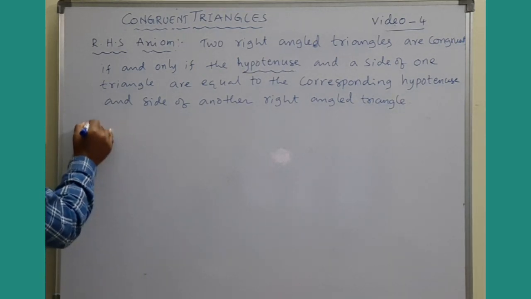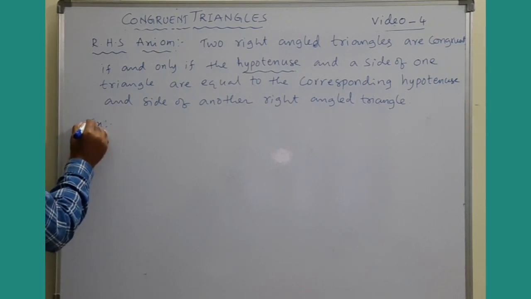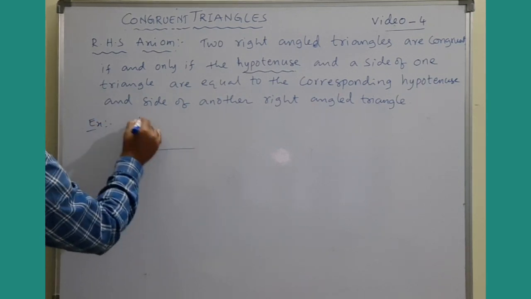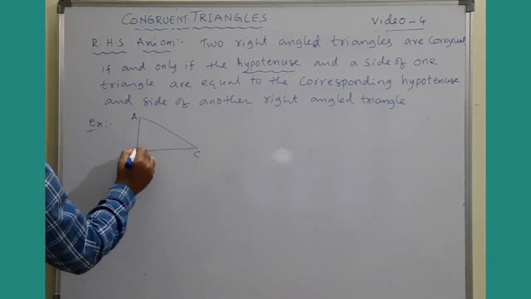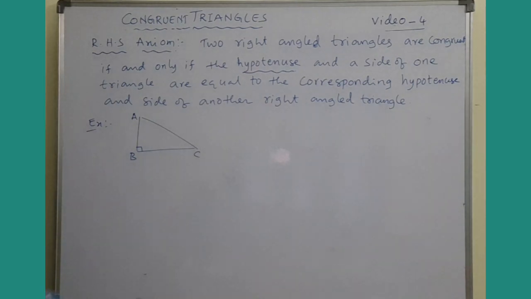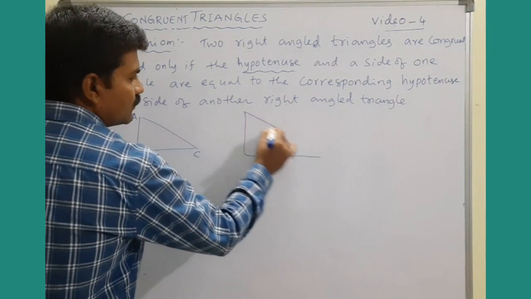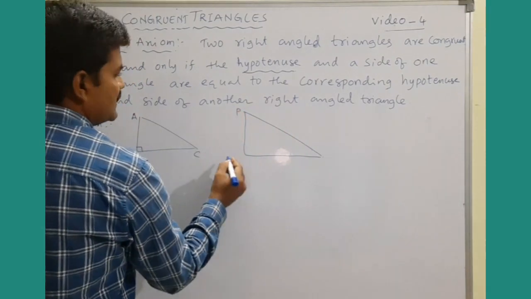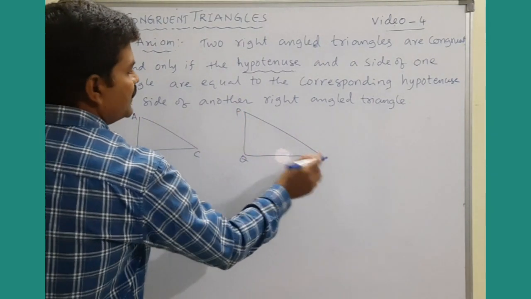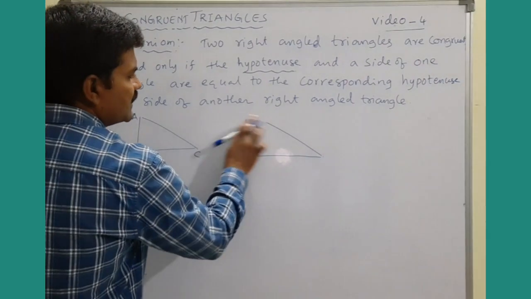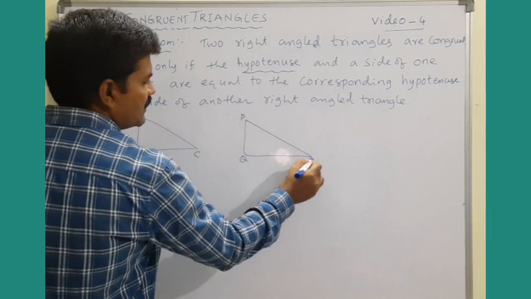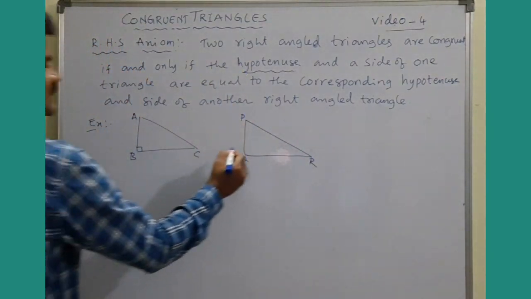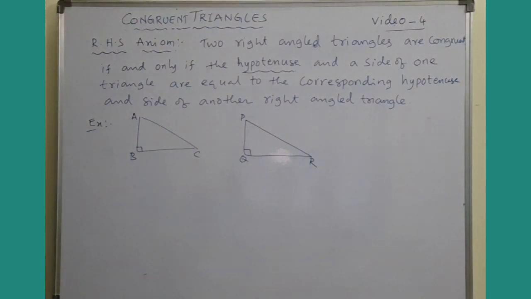I mean, for example, let ABC be a right-angled triangle with the right angle at B. Also assume one more right-angled triangle, PQR. Better to draw the same size, because we are talking about congruency. Suppose the angle at Q is a right angle.